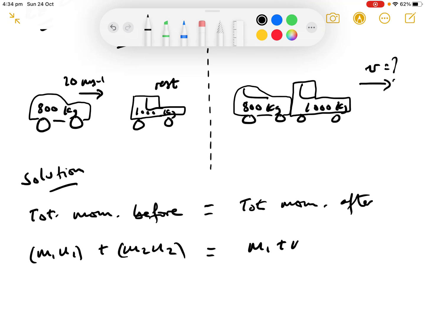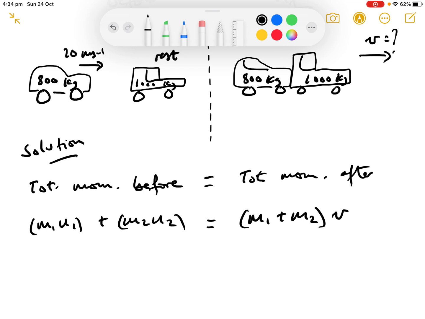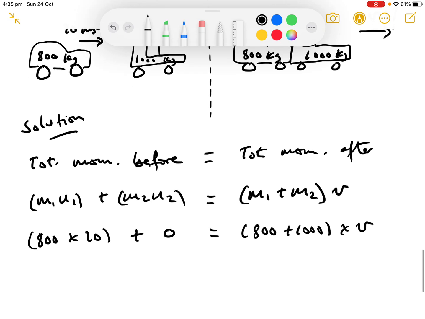And notice that on the right, because the two bodies join together, it's essential that you put the two masses in a bracket with a single common velocity v. So you've now got 800 times 20 plus 0, because that one's at rest, equals 800 plus 1,000 times v. v should be our only unknown now.